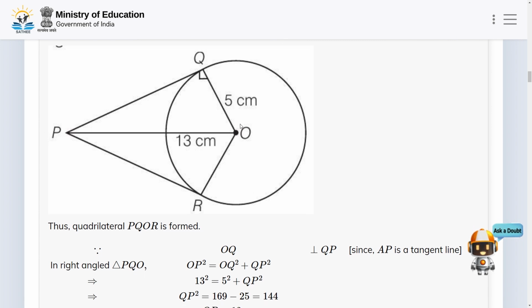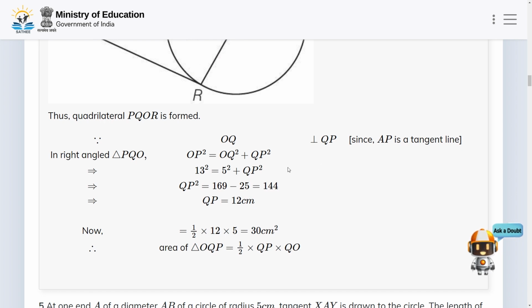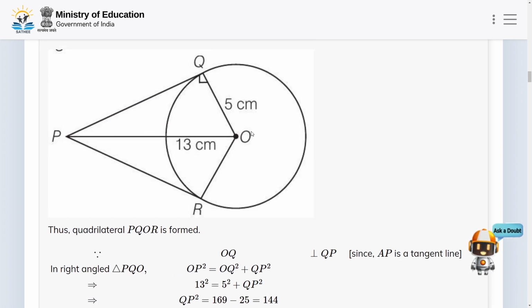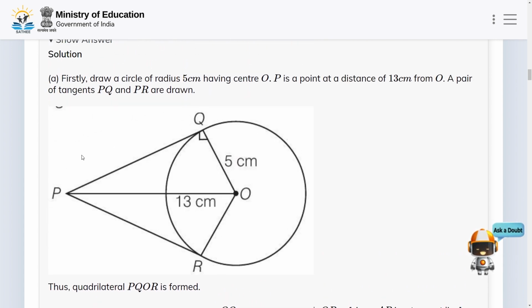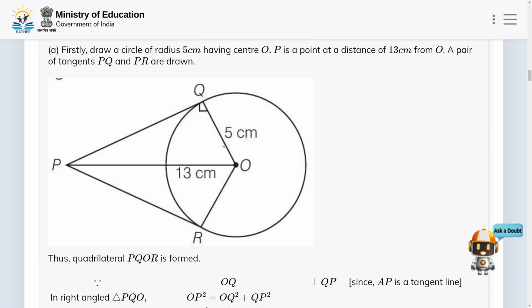So thus the quadrilateral PQOR is formed, and here OQ is perpendicular to QP, since QP is a tangent. Okay, and OQ is the radius. So we know the radius is perpendicular to the tangent.